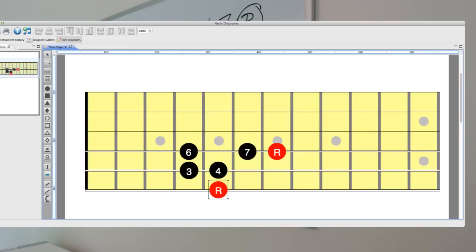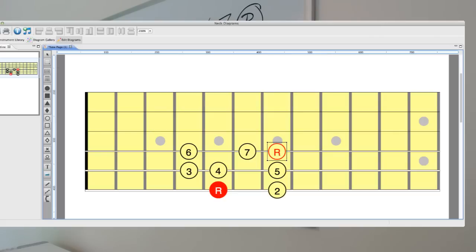The 7th is found right there. And it's the distance between these two notes that makes a 7th. And you can see that 7th in relation to the other notes, because eventually you want to just memorize that diagram and be able to go right away to the corresponding interval.